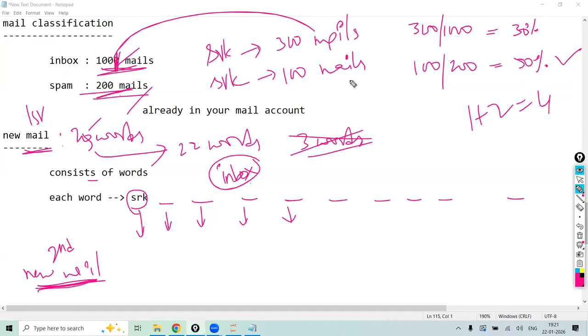In these 200 mails, 100 mails contain SRK. But 10 of the mails having SRK, you have sent into the inbox. Now automatically, SRK is in 90 mails here, and it is going to add to the 310 mails. Simple.